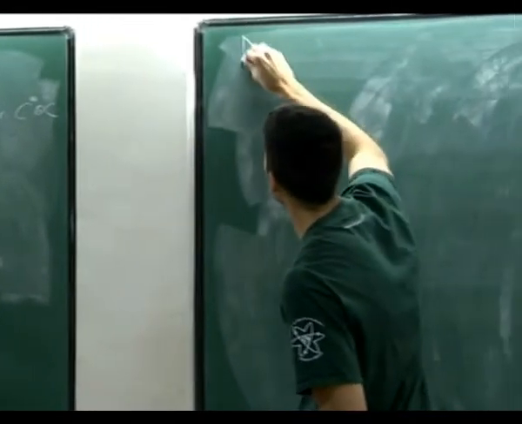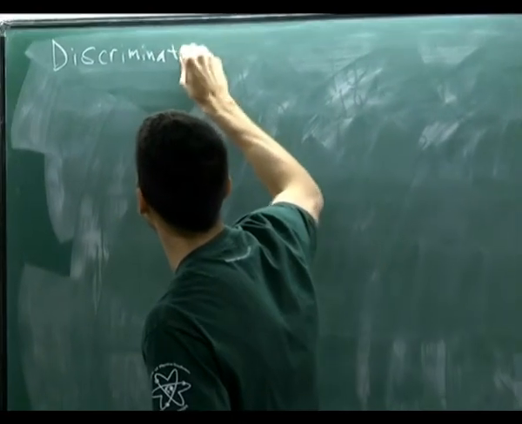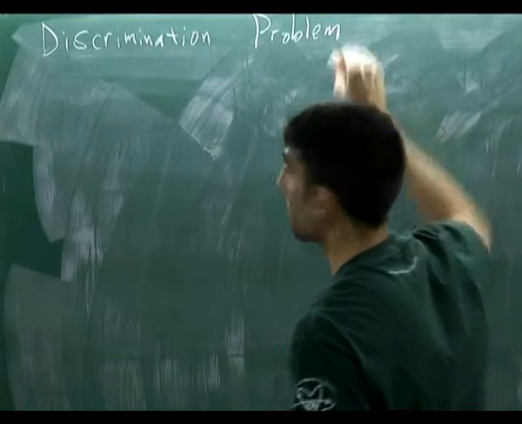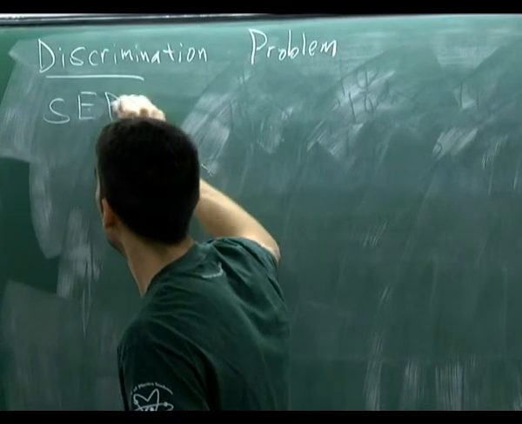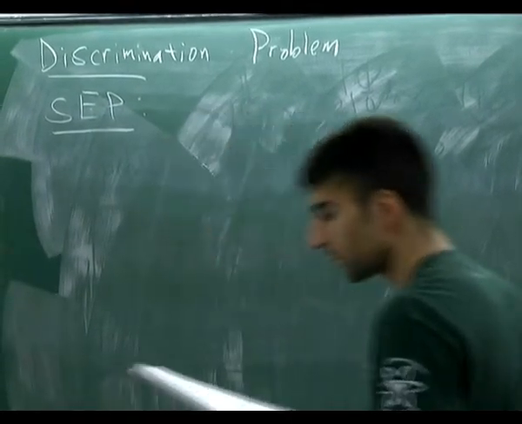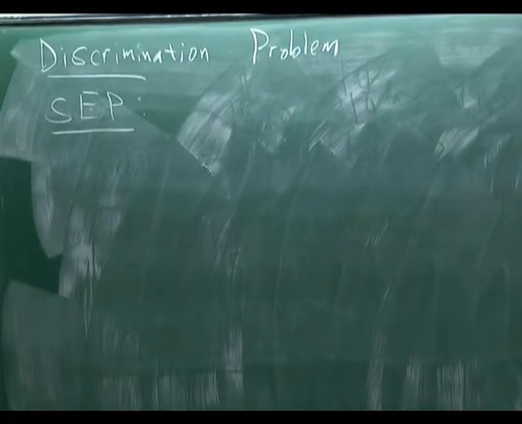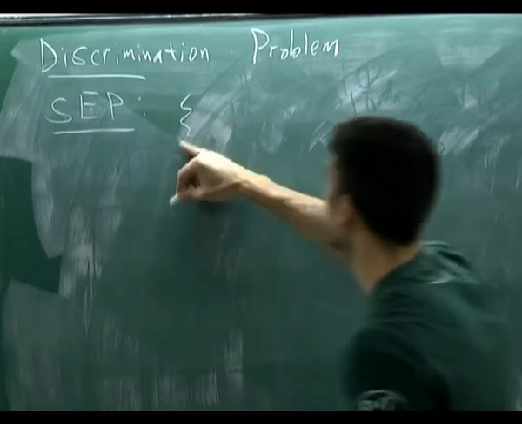Okay. So now we return to the discrimination problem. And like I said, we're going to look at both separable operations and LOCC. So first, let's look at separable. We're going to break this down case by case. Remember, there are a number of cases, but a lot of them are the same, so we'll just look at the ones that are most interesting.